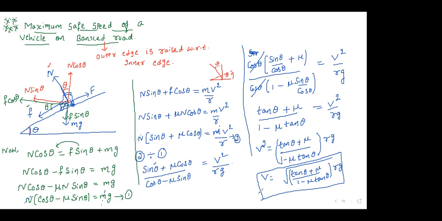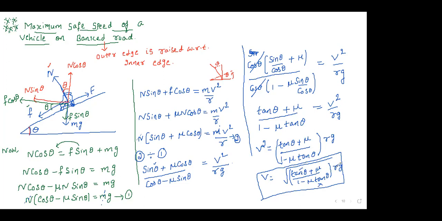Theta will become 0, no. If it is not a banked road, then theta will become 0. So if theta becomes 0, what happens to tan 0 here? 0. So 0 plus mu will be mu. In the denominator you will get 1 because the second term will vanish. So mu into rg, mu rg.